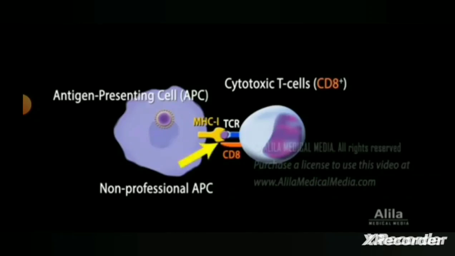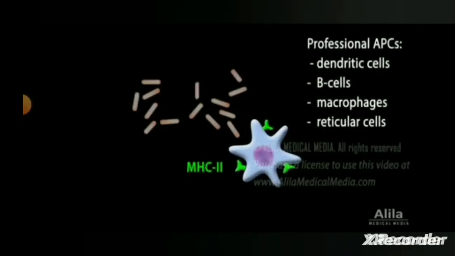MHC class 2 molecules occur only on professional antigen presenting cells like dendritic cells. Dendritic cells pick up antigen, cut it into pieces and display them on MHC2 molecules on the surface.